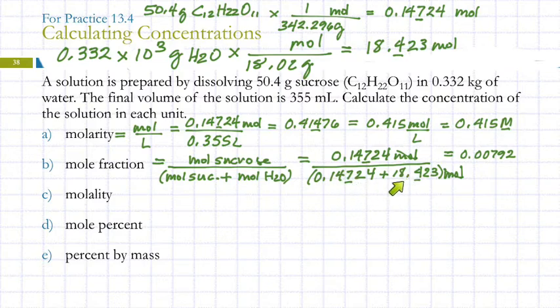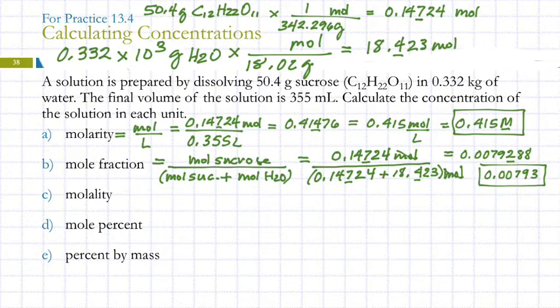I've done this a few times, so I can tell you you'll end up with 3 significant figures down there as well. So my answer is going to have 3. So the mole fraction would be rounded to 0.00793. Remember that these leading zeros are not significant figures. You don't count those. If you count those, then you end up with a lot of rounding errors. I'm going to put a box around this one too, because that's a final answer. Any questions?